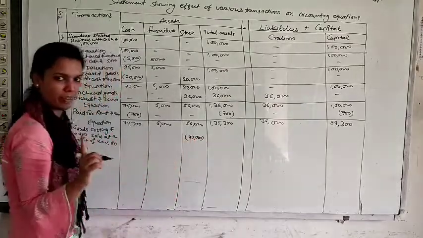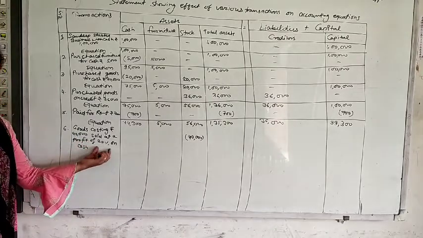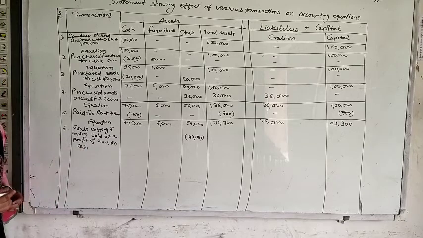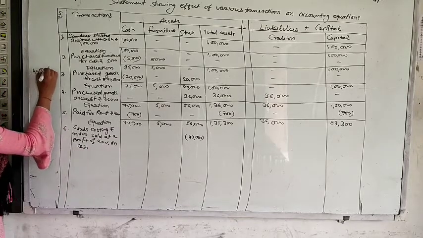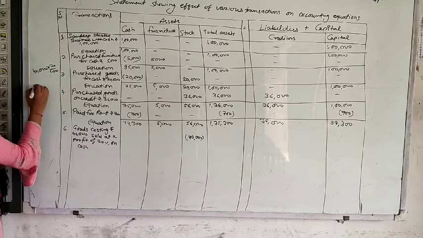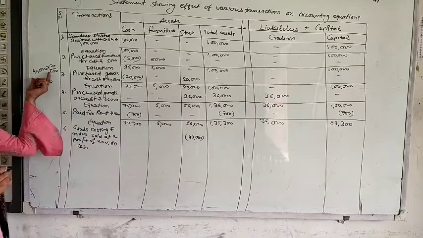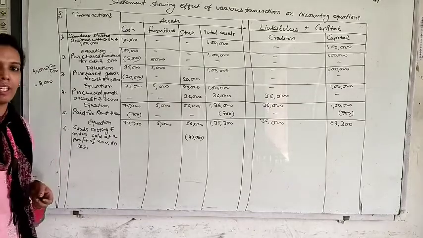This is the first effect, okay? You are selling the goods at a profit of 20%. So find the 20% of 40,000. 40,000 multiplied by 20%, it will be 8,000. It means 40,000 was the value of stock. 8,000 is your profit. It means you sold the goods for 48,000.